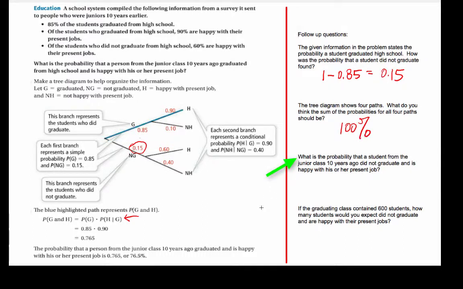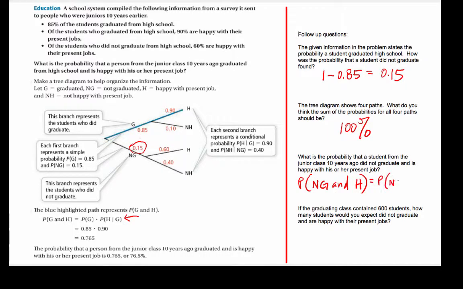Our third question: What is the probability that a student from the junior class 10 years ago did not graduate and is happy with his or her present job? Well, that's asking us to find this probability. So here's what we have to calculate.